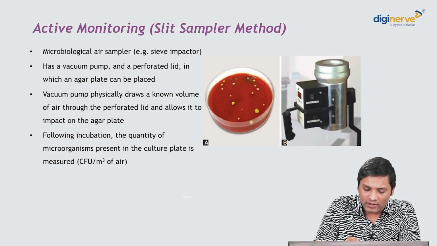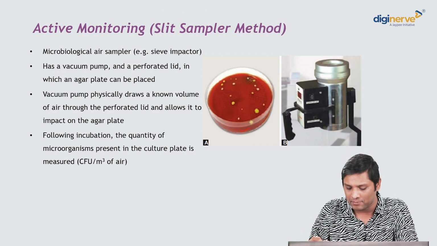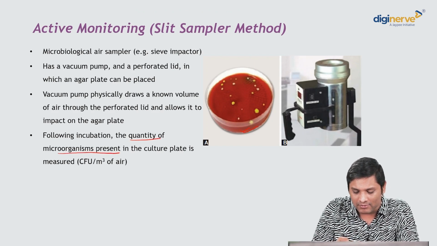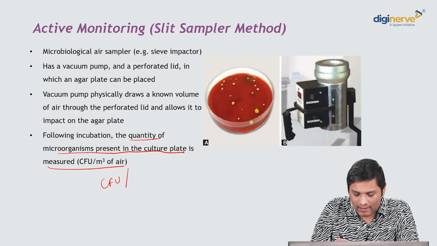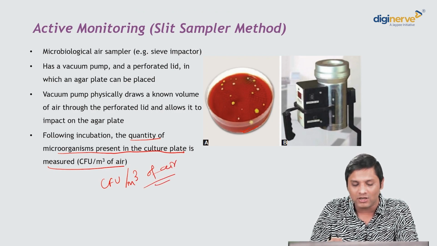Following this process, you need to incubate the plate. Following the incubation, the quantity of microorganism present in the culture plate is measured in terms of colony forming units per meter cube of air. That is how you quantitate the microorganism.